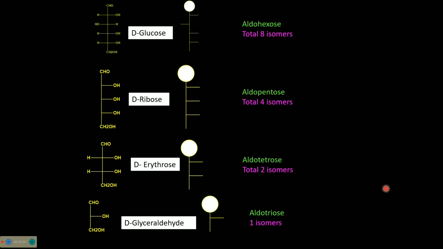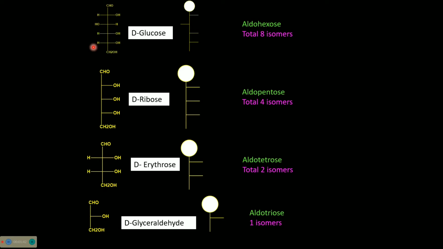So, aldoses. Normally carbohydrates contain aldoses and ketoses. Naturally occurring carbohydrates are mainly aldoses and ketoses. Aldoses are normally monosaccharides. In the structure of aldoses, there is a carbon backbone and the topmost, or endmost, carbon contains an aldehyde group.